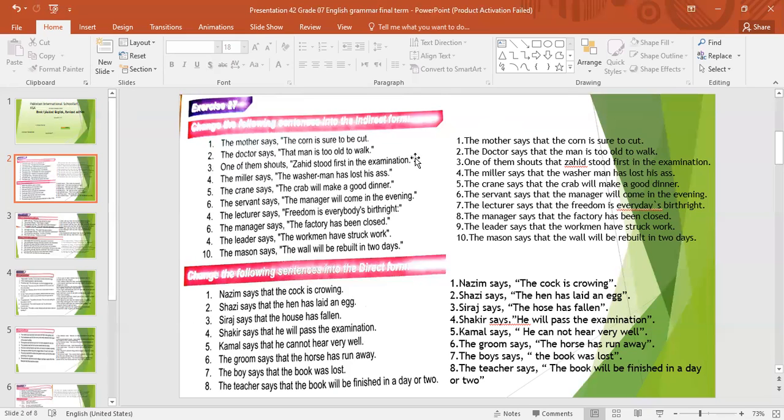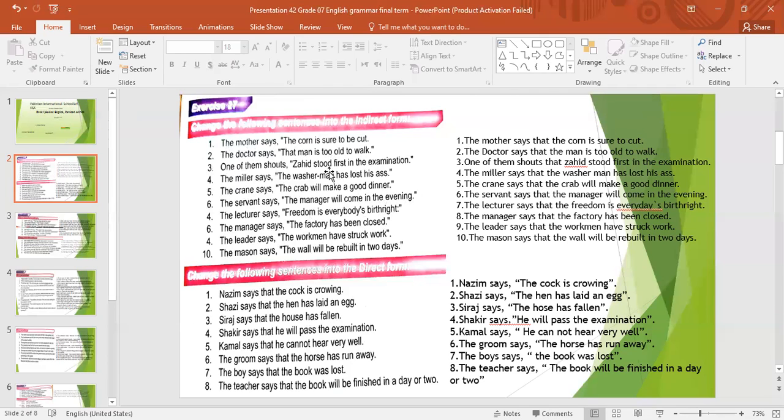So dear students, these are some points for direct speech and indirect speech. Now we will move to the exercise. Exercise number 27 is included in your course. Here it is written: change the following sentences into indirect form. Sentences are mentioned and we have to change them into indirect.